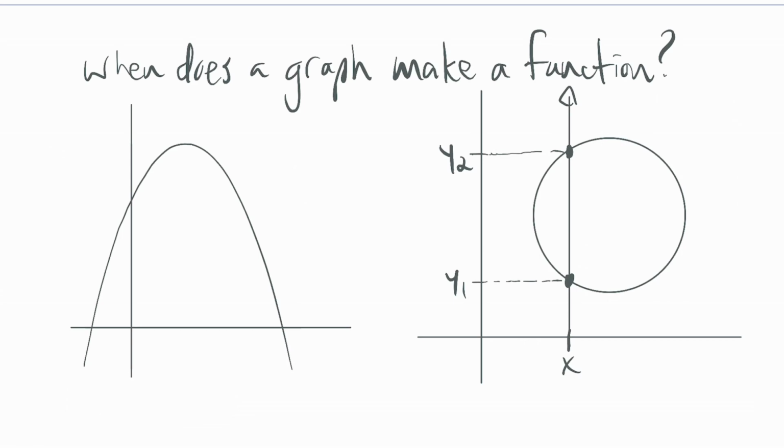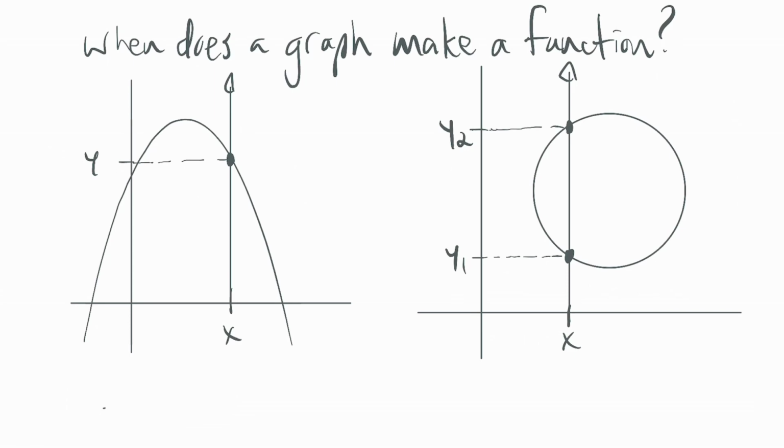This is not a function. Whereas with this one, if I pick some x-coordinate and look up at the graph, there's just the one y-coordinate that goes with that x-coordinate. This is called the vertical line test.